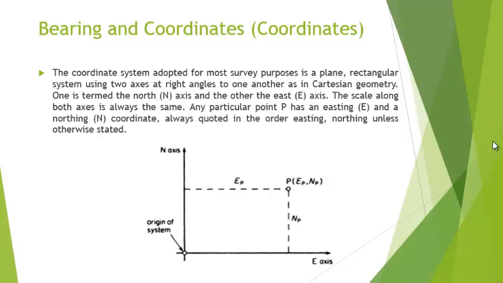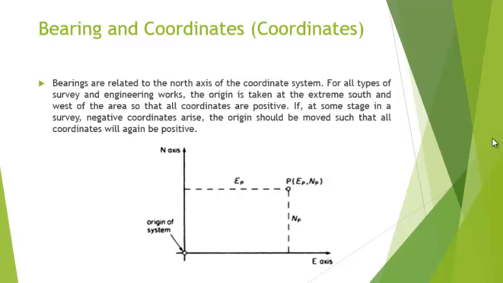For example, if the point is located 1000 north and 1000 east, this means that it is 1000 meters to the north and 1000 meters to the east. Bearings are related to the north axis of the coordinate system. With the bearings, the information of coordinates can be transferred through the calculations of latitude and departure.